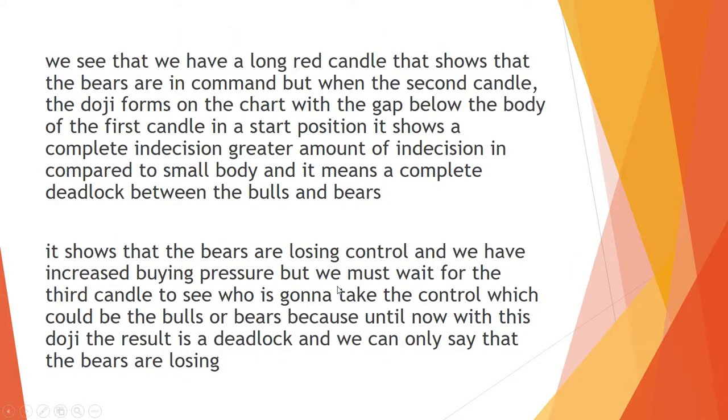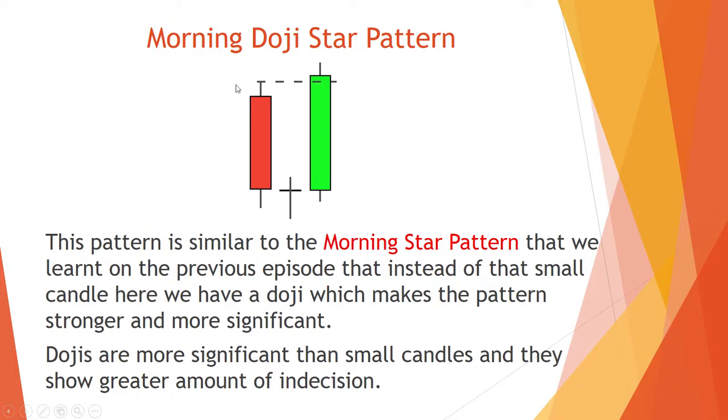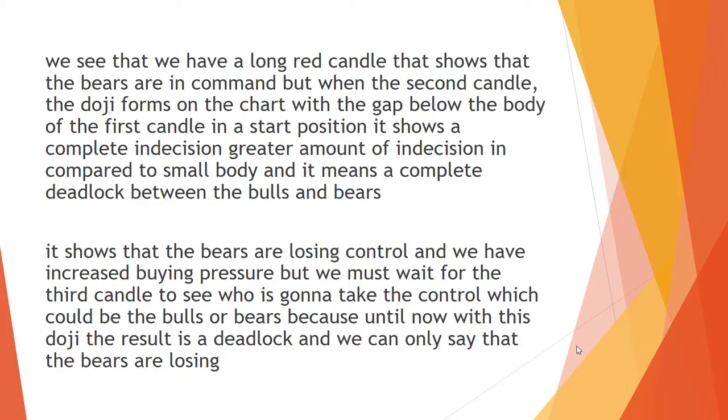We see a long red candle that shows that bears are in command, but when the second candle, the doji, forms on the chart with a gap below the body of the first candle in a star position, it shows complete indecision, a greater amount of indecision compared to a small body. It means a complete deadlock between the bulls and the bears.